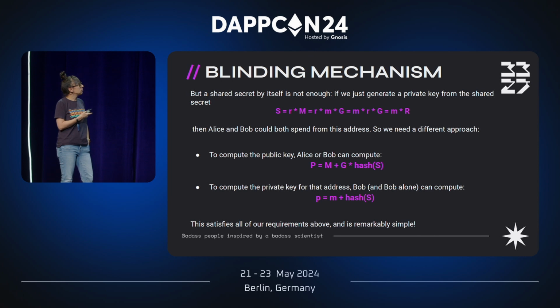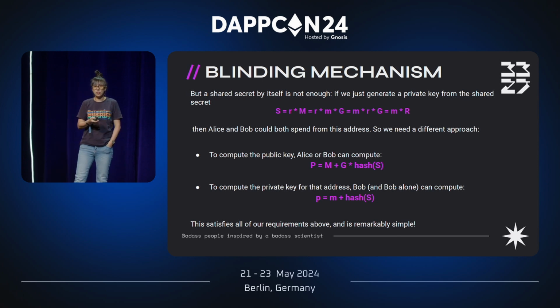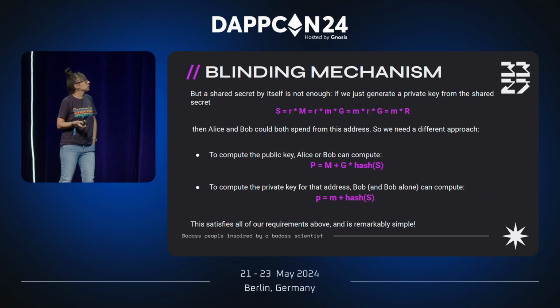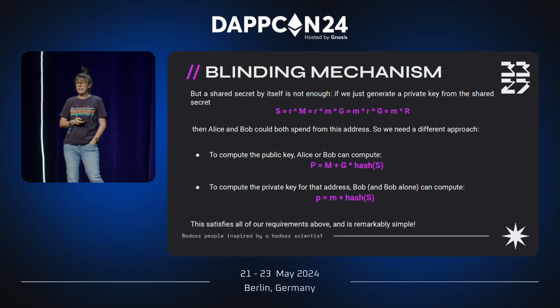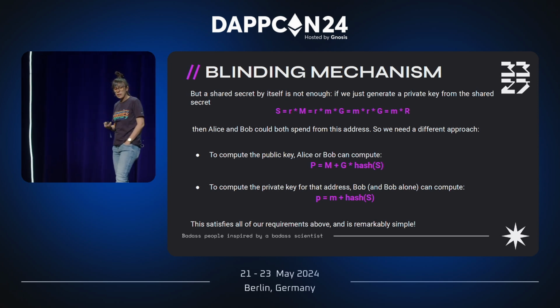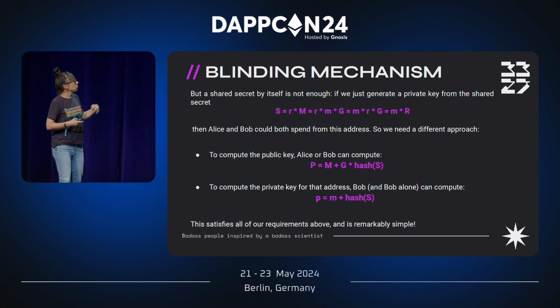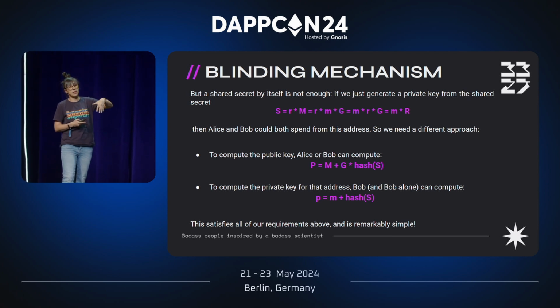So when we multiply this with the generator point, what we obtain is the public key of Bob, and this public key is in the registry, so both of them know this public key, and of course both of them can calculate the shared secret. In this way, both of them can calculate the address, but only Bob can spend the money from this address. This is the basic concept.